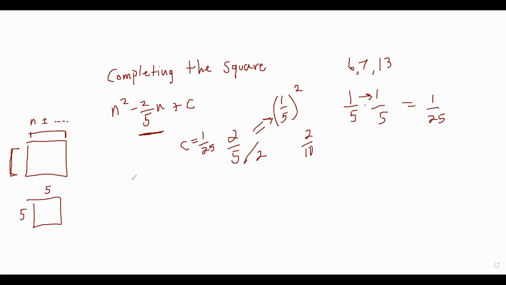So if we wanted to rewrite this whole equation, we would write it as n minus 1 over 5 squared. And we might have it equal to 0 at some point, but for now, it's just this. So we took our b term, we divided by 2, and then we squared it. So this should be your answer for number 6.